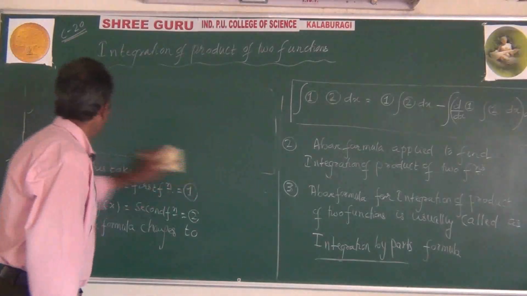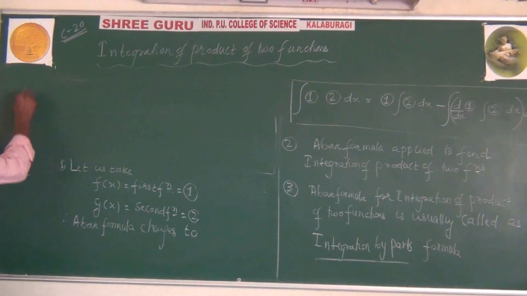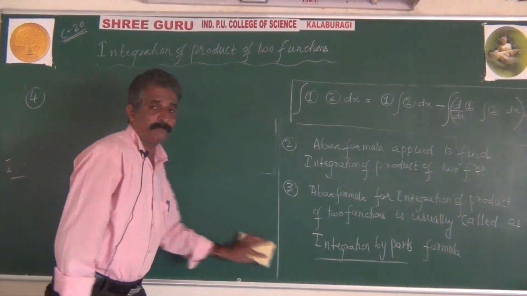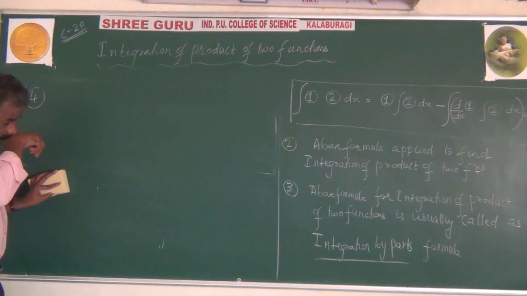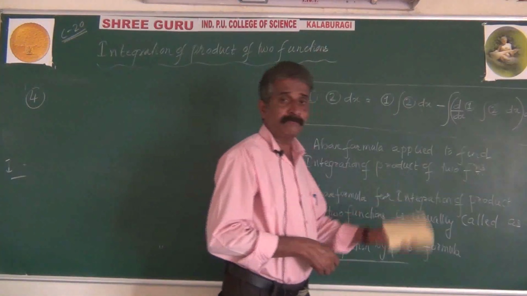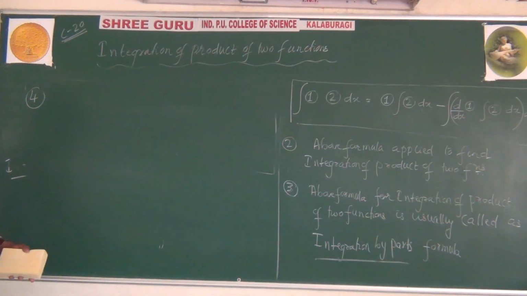Fourth note, very important note. Now recall the product rule of differentiation. When we employ the product rule of differentiation, there was no restriction. Anything can be first function, anything can be second function.